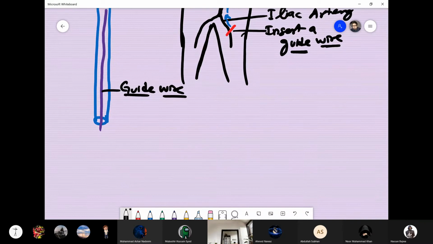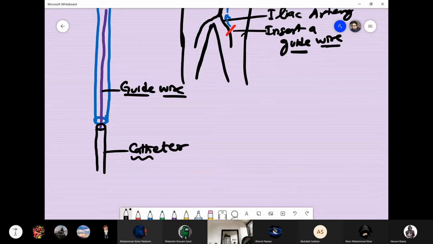Next step, what do the doctors do? They will insert a catheter over the guide wire. The question is, what is the meaning of catheter? A plastic tube is called a catheter.